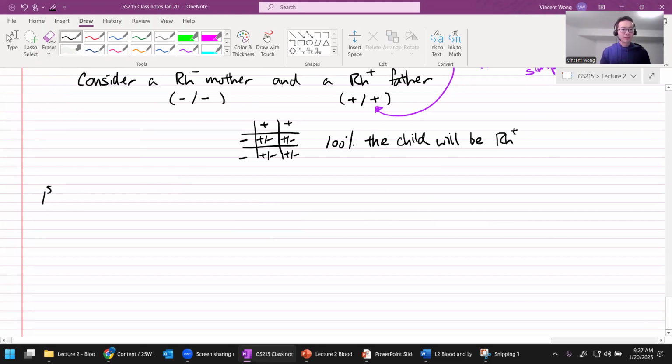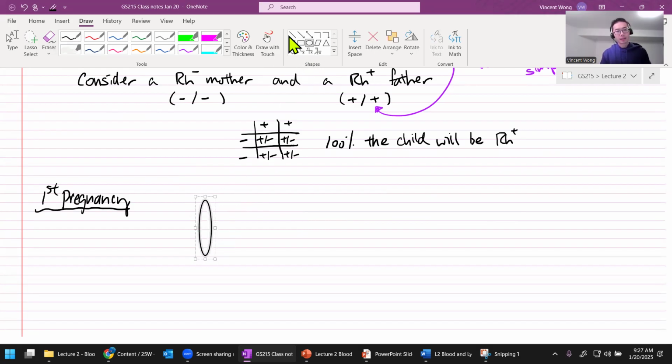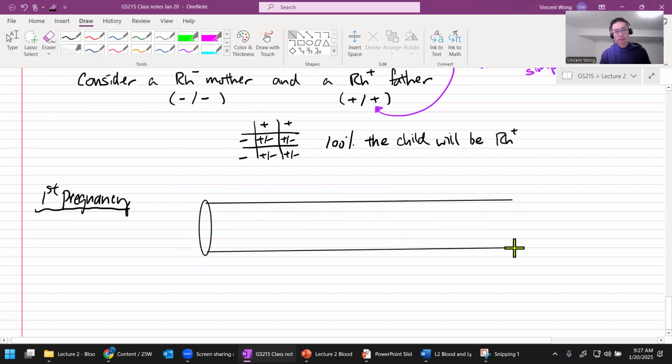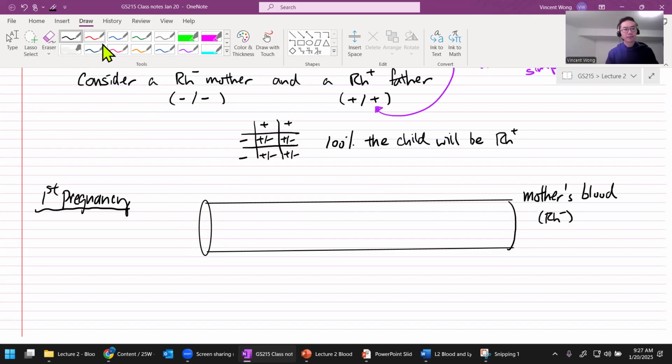So let's take a look at the first pregnancy. Okay, I'll try my best here. This is the mother's blood. Mother's blood. And mother is Rh negative.